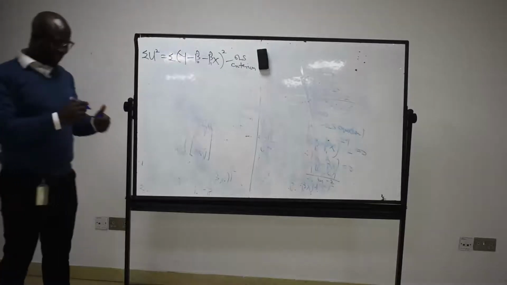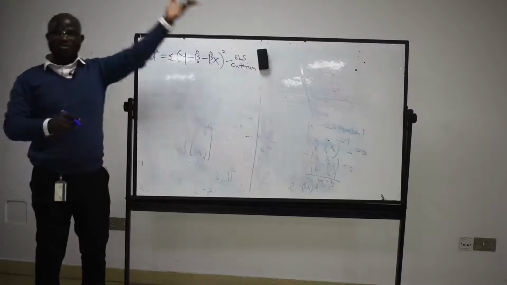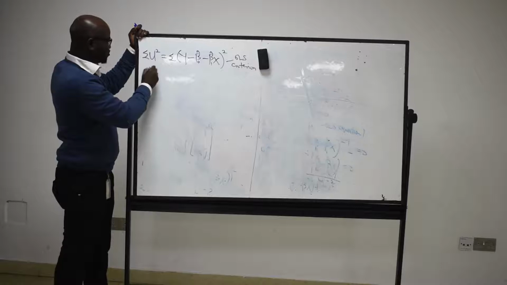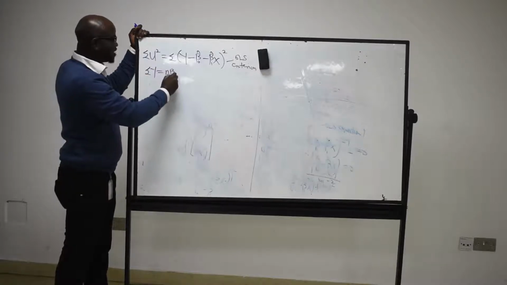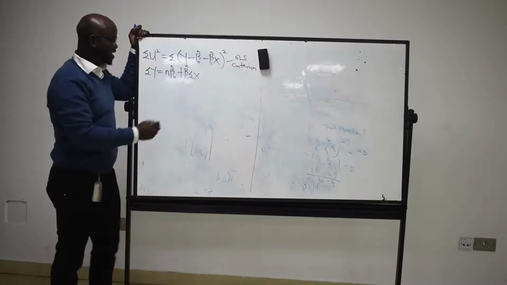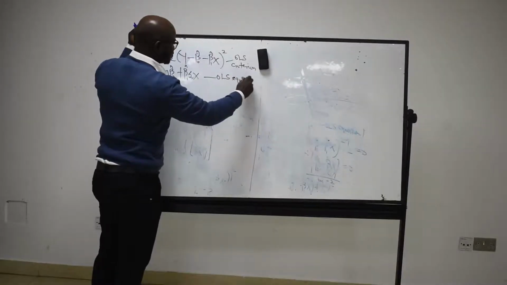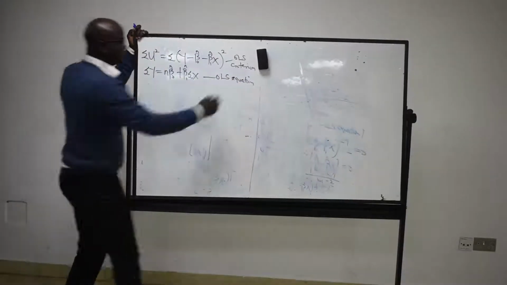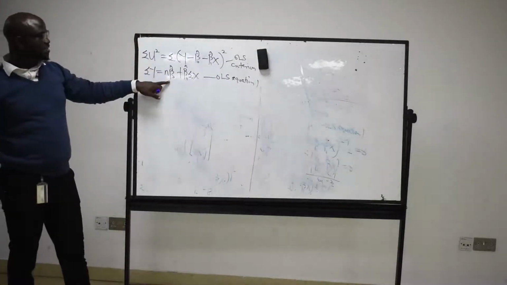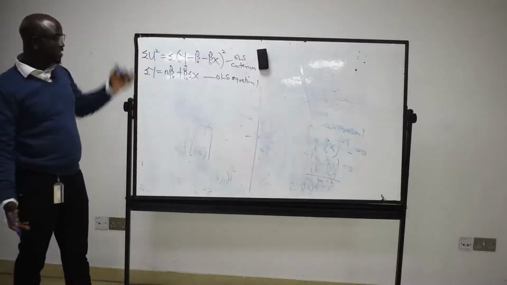So from this OLS criterion, we can also get beta naught from OLS equation 1. Remember, in OLS equation 1 we have summation y is equal to n beta naught cap plus beta 1 summation x. This is what we call OLS equation 1. If our aim is to make beta naught the subject of the formula, we can easily get it.